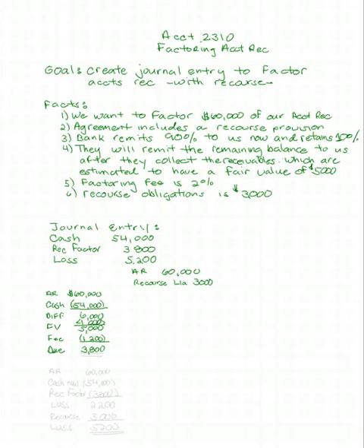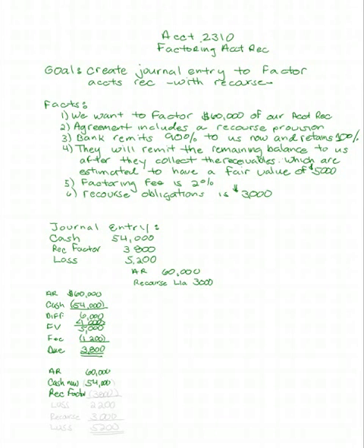But let's analyze that loss, much like we analyzed how much we were due on the accounts receivable. We had accounts receivable with a value of $60,000, and we received some cash for those. We received some cash now in the amount of $54,000, and we're going to receive some cash later in the form of a receivable from the factor.